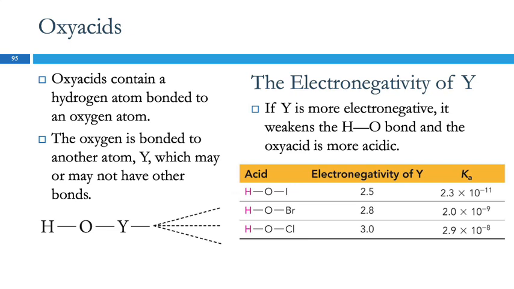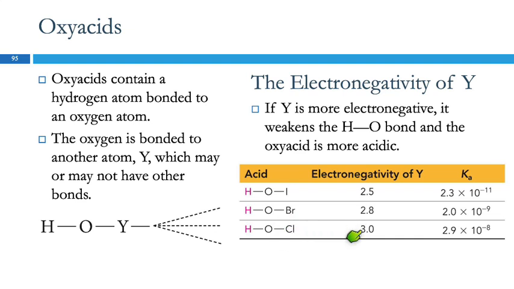So if we compare these three, hypochlorous, hypobromous, hypoiodous acids, we're looking at what's affecting the strength of this bond. Well, it's hydrogen-oxygen for all of them, but then let's look at who's next to the oxygen. Iodine, bromine, or chlorine. Chlorine has more electronegativity.